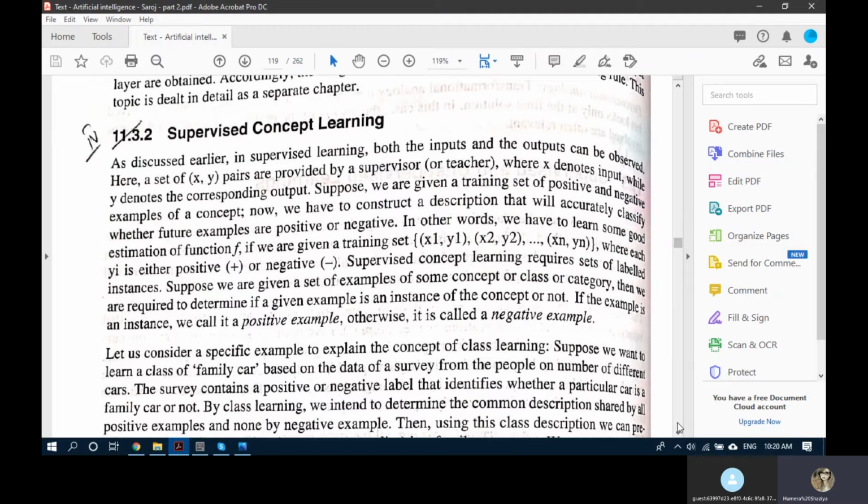All right, next is supervised concept learning. Supervised concept learning is all about going through the data and then generating output, comparing the output with the actual output.